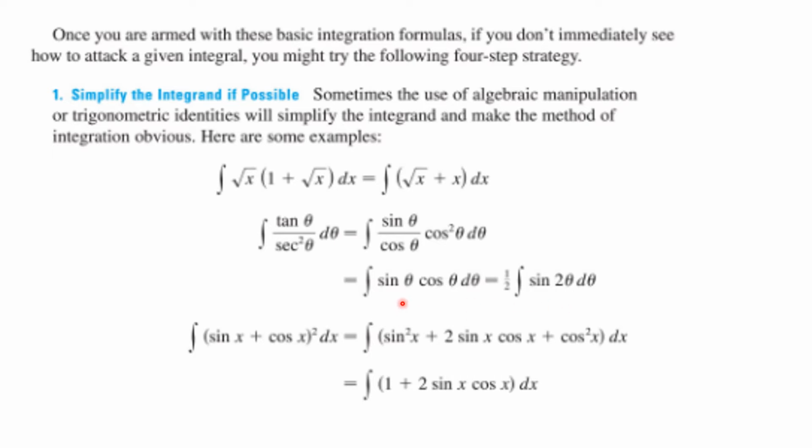And here you could either let u equal sine theta, or you could use the trig identity sine theta cosine theta is equal to 1/2 sine 2 theta d theta, but either way, this is now easy to do. This one, if you use algebra, just squaring that all out, you'll get sine squared plus cosine squared is 1, so you have 1 plus, and then this is 2 sine x cosine x, which is actually sine 2x, so this becomes a very easy integral as well.